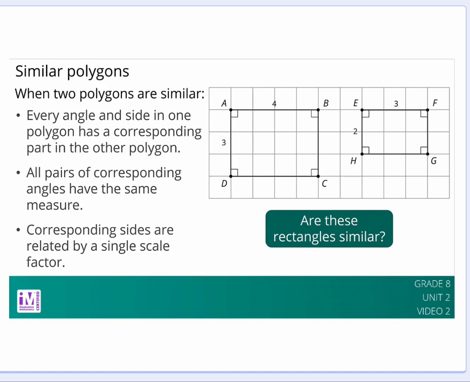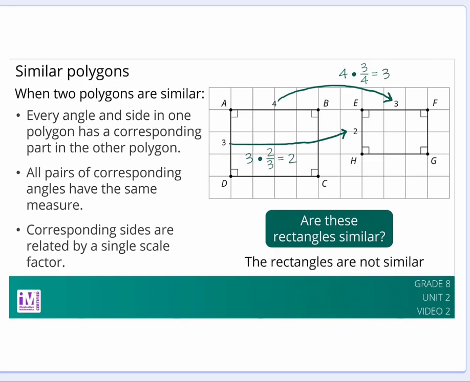To scale the long side AB to the long side EF, the scale factor must be 3/4, because 4 times 3/4 equals 3. But the scale factor to match AD to EH has to be 2/3, because 3 times 2/3 equals 2. So, the rectangles are not similar because the scale factors for all corresponding sides must be the same.